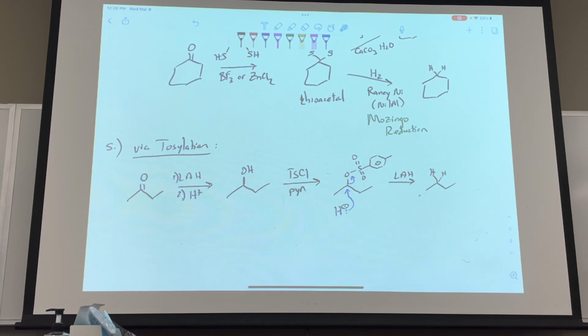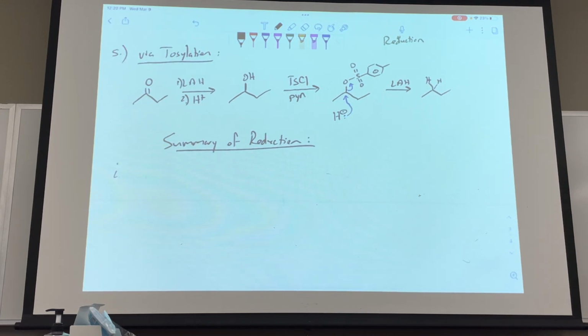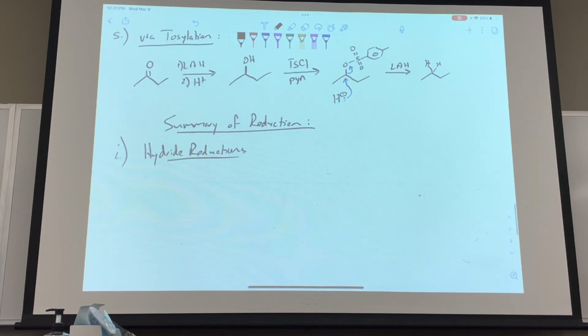Okay, so to summarize. So you've kind of seen a lot of different conditions. To summarize, we have the hydride reductions. Those are simply taking aldehydes and ketones and using either LAH or sodium borohydride, and those reduce to the alcohol.